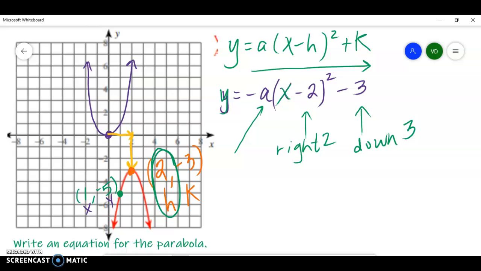Okay, so instead of Y over here, I'm going to plug in that -5. A, my X should have been plugged in, I'm sorry.